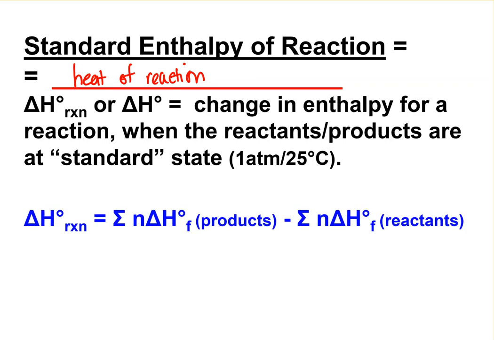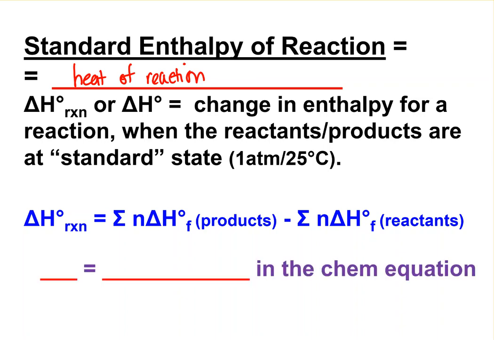And usually it's a little bit more complicated than the one we just did, because we may have more than one reactant and product, and also the coefficients may not all be 1. So the N here is the coefficients from the chemical equation. So I'm adding up the products and subtracting the heats of formation of the reactants.